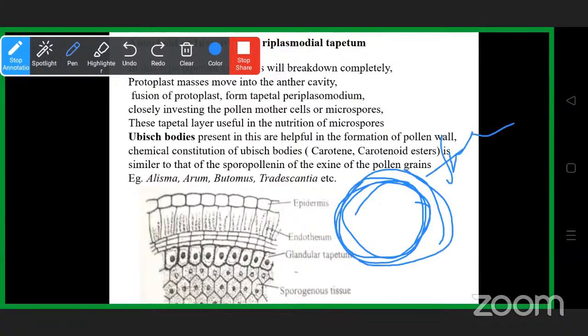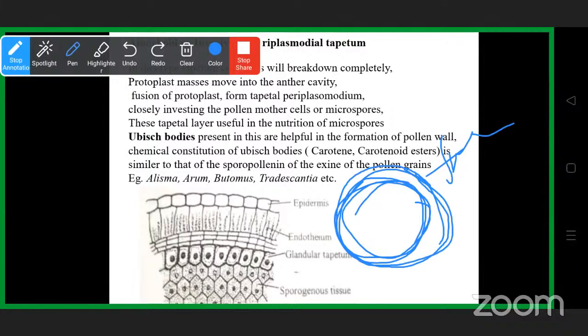The sporopollenin secretion is done by Ubisch bodies. This sporopollenin will not dry, will not be stiff. It will be a very hard coated layer, so that the pollen will remain even in hot, dry conditions, even in water, even in the air atmosphere.